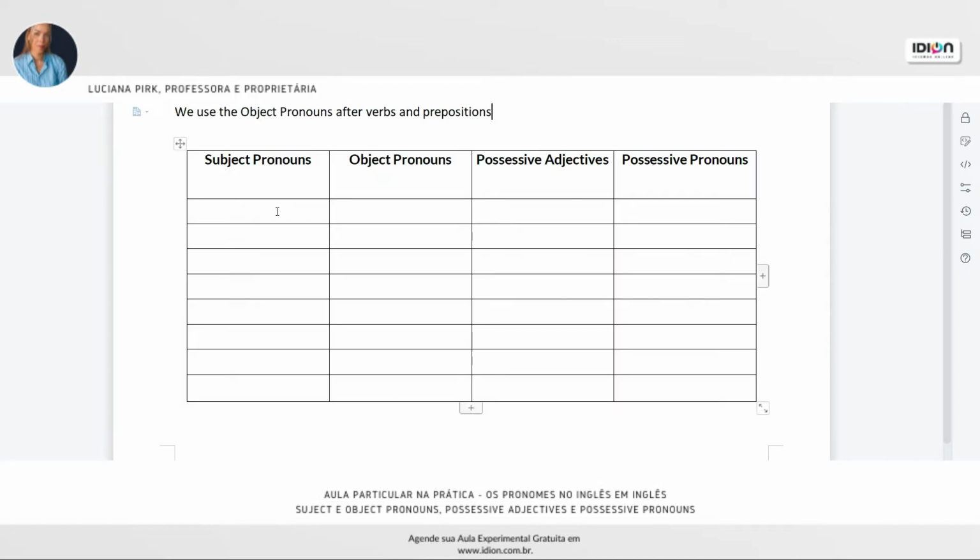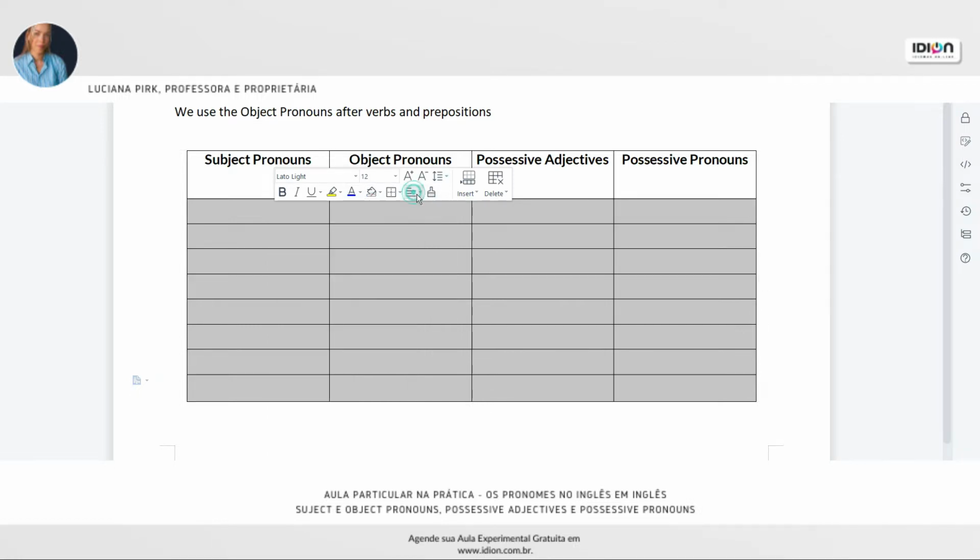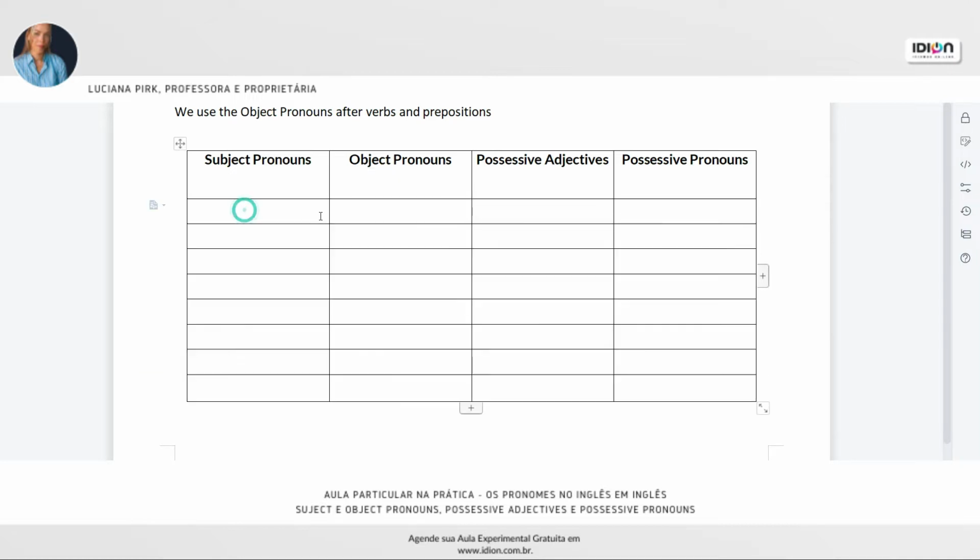So the object pronouns, let me see if I can do something here. How do we do this? Center. So the subject pronouns are I, you, he, she, it, we, you, and they, right?